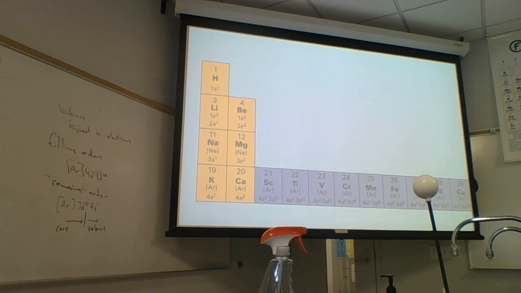So if we look at potassium, potassium has the first shell filled, the second shell filled, and the third shell filled.